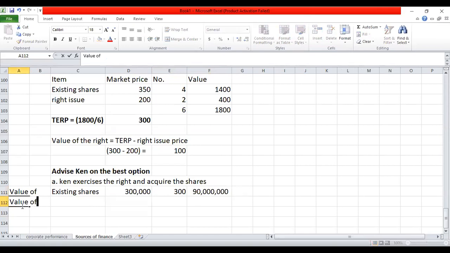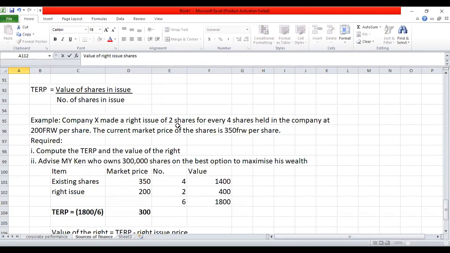Now, how many shares is he going to get on right issue? Remember, he is getting 2 shares for every 4.